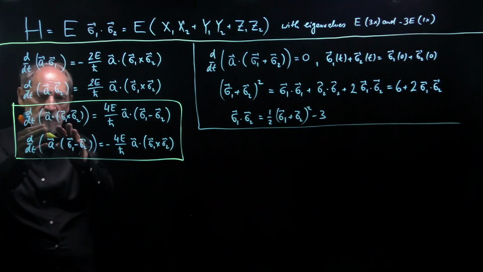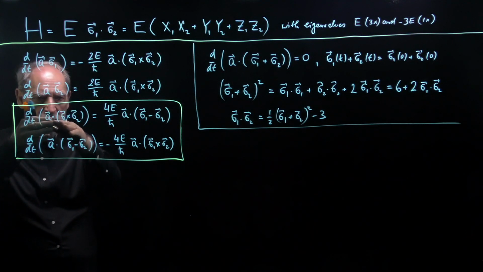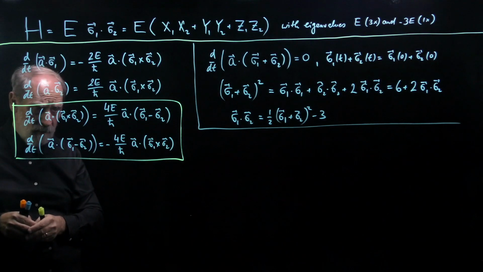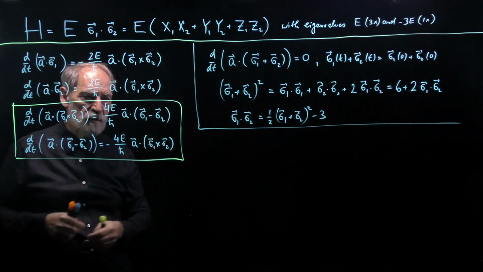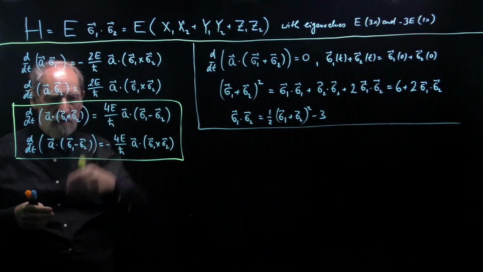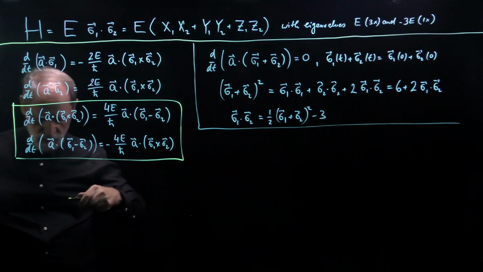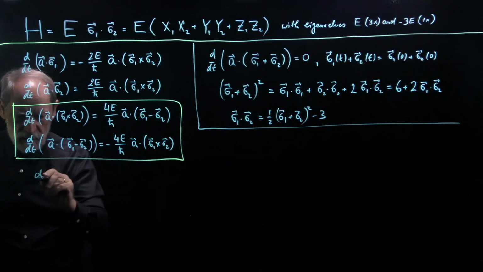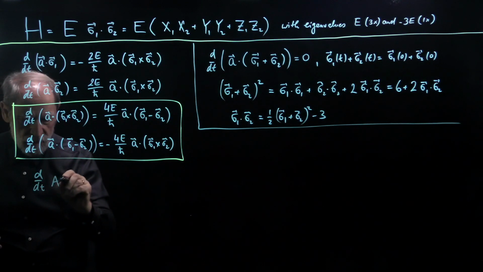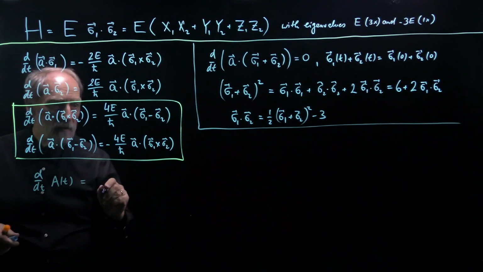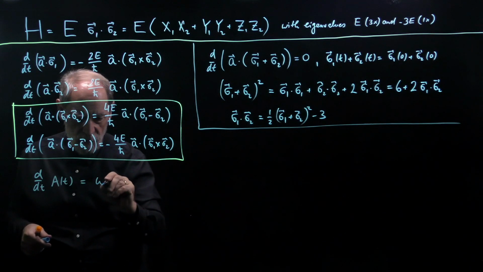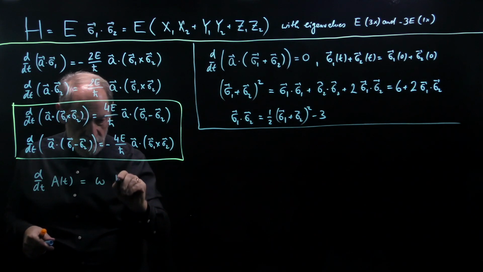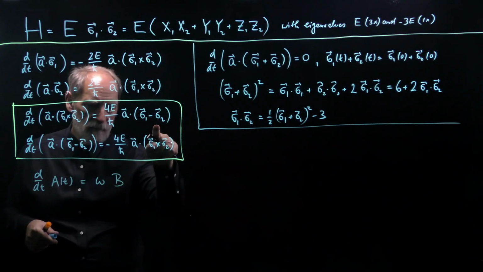So there's the time derivative of a function of time equal to another function of time times a constant. So the structure of this equation is the time derivative of some function of time is equal to some constant, let me call that omega, and then another function of time.